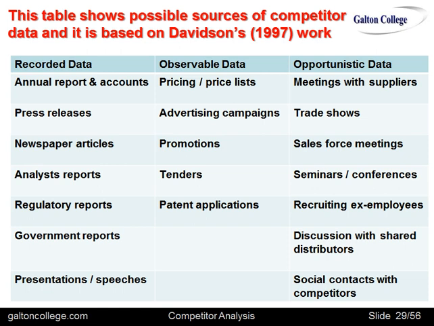Opportunistic data, well, meeting with suppliers, trade shows, sales force meetings, seminars, conferences, and recruiting ex-employees, and so on. So we have three sources of data which enables the competitor analysis to start. It gives an insight into the competitors so that the whole process can be fired up, can be started.